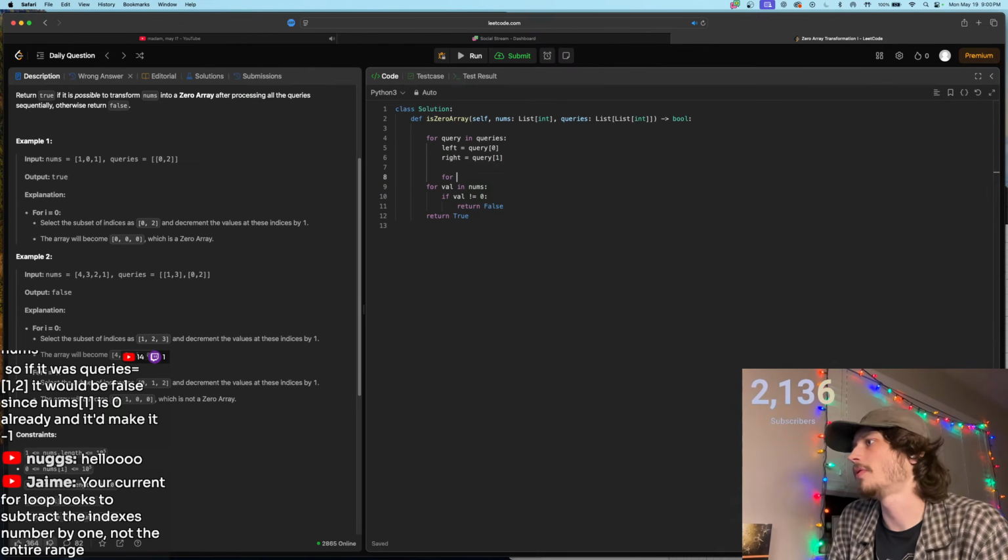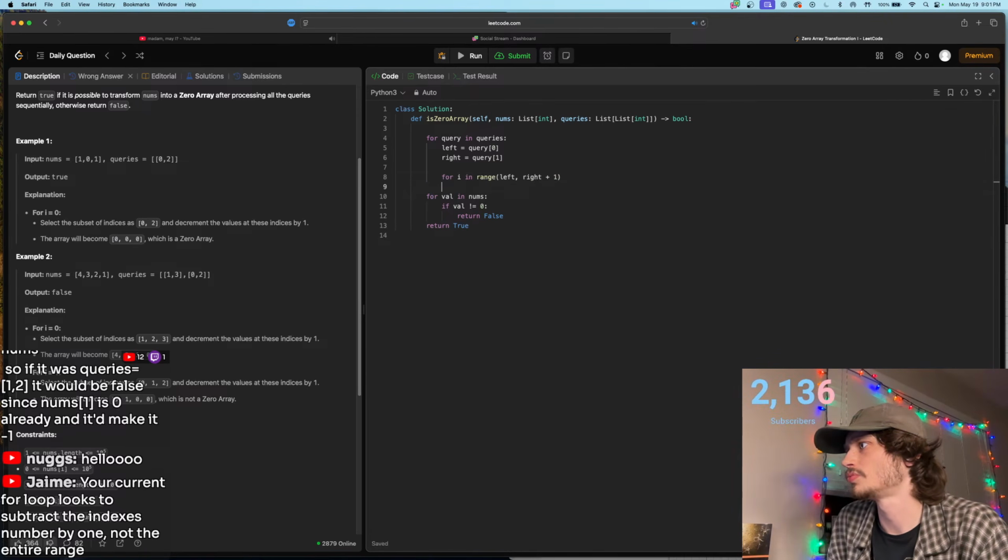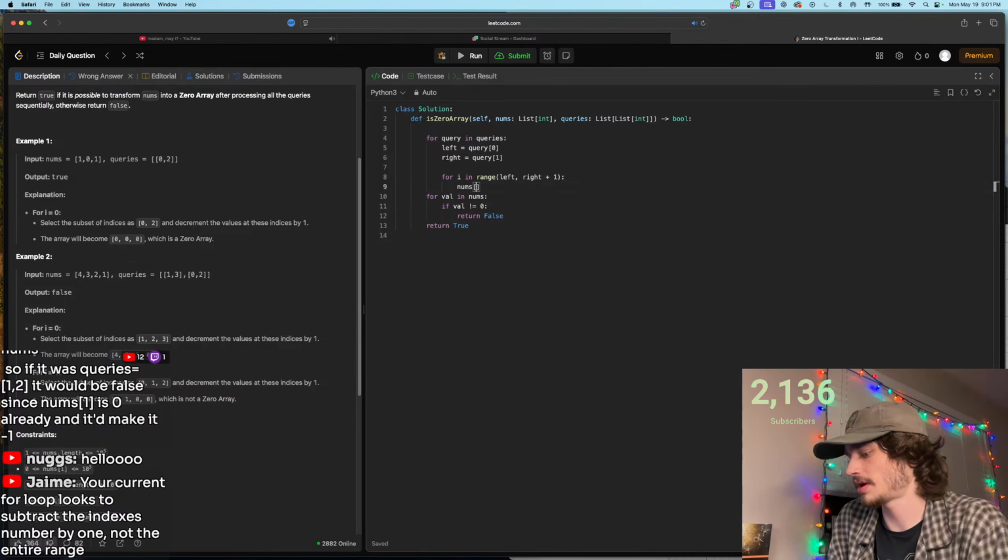We say for i in range left to right plus 1, nums index i less than or equal to 1.